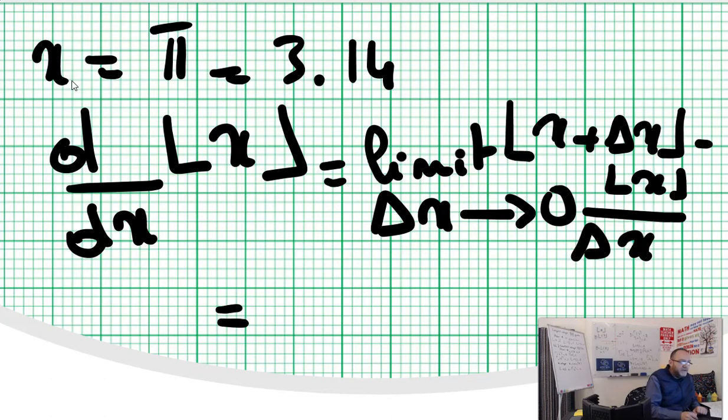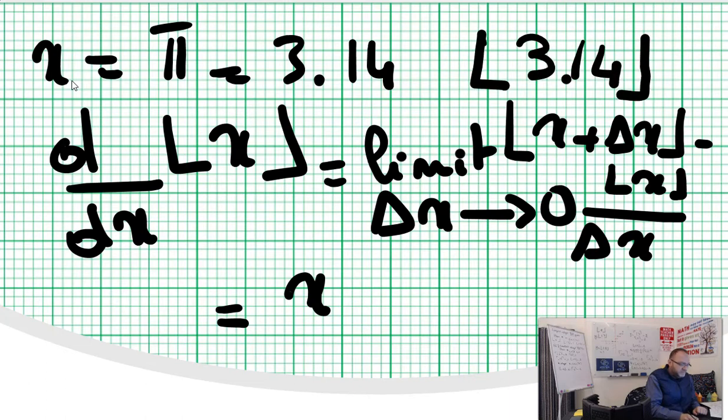Look at it, 3.1415. What is the floor of 3.1415? It's basically 3.